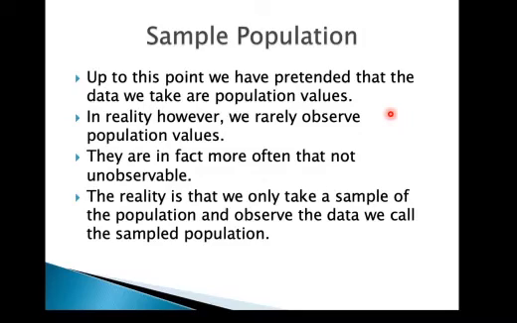The reality is that we only take a sample of the population and observe the data, and we call this data the sample. In practically all research, we do not measure the whole population. We only measure a sample. And that is why population values are normally unknown, because they are not observable.